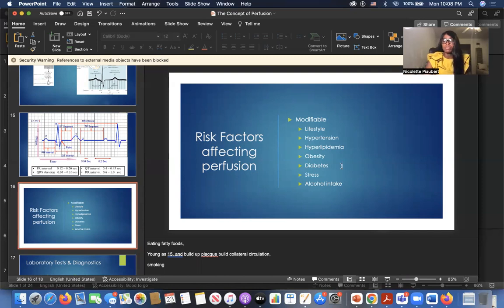Are they active or not, that kind of thing. Hypertension, we also know that hypertension affects blood vessels. The heart pumps within blood vessels. So if a person has hypertension where there's constant pressure on the blood vessels, it's going to wear out the blood vessels. So we're going to have a problem there.